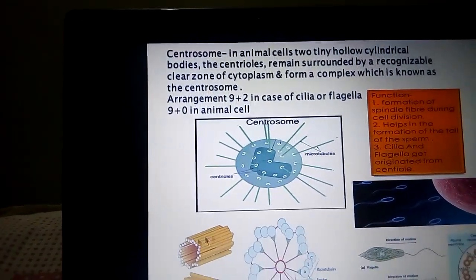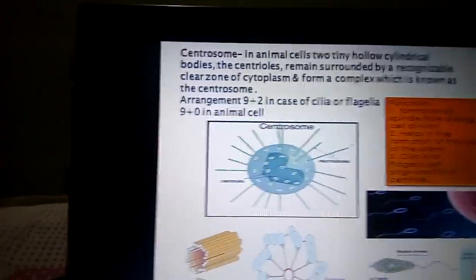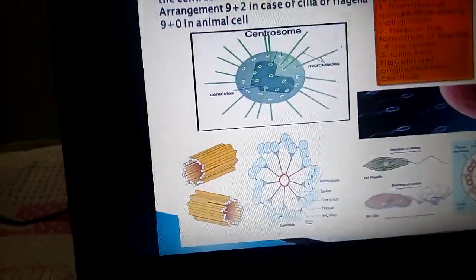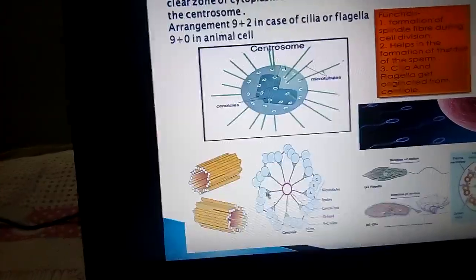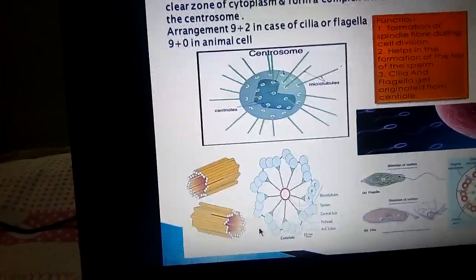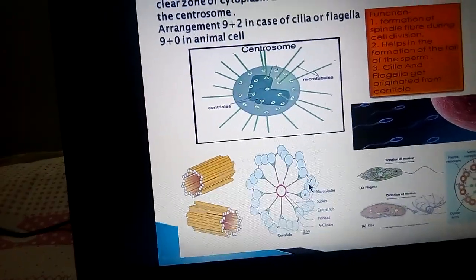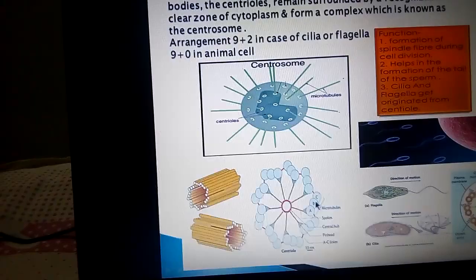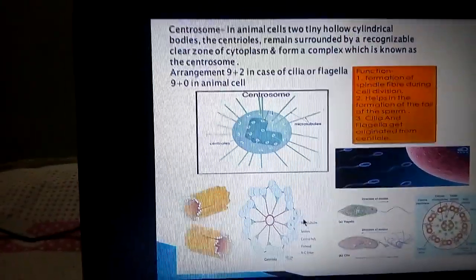Now, each microtubule is composed of 3 subtubules and therefore it is called a triplet. 1, 2, 3: 3 subtubules. Therefore, as I told you, it is called a triplet.